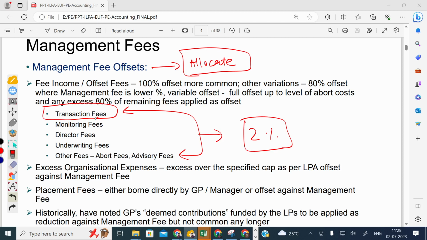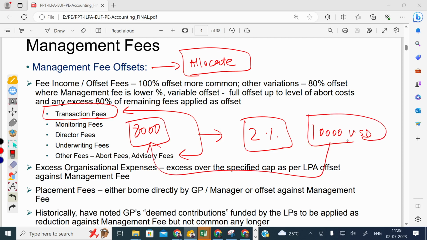That means, let's say the 2% management fees is $10,000 and all expenses are around $8,000, you can offset all expenses against the management fees, because eventually private equity is a partnership business. Why would partners pay commission or fees to each other?